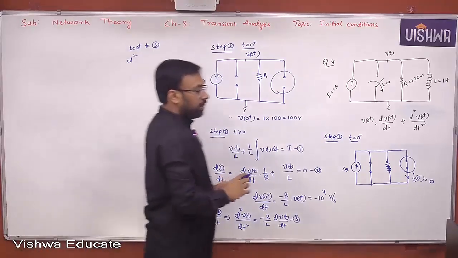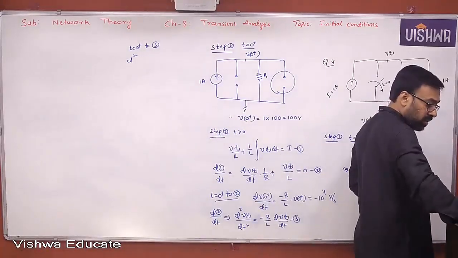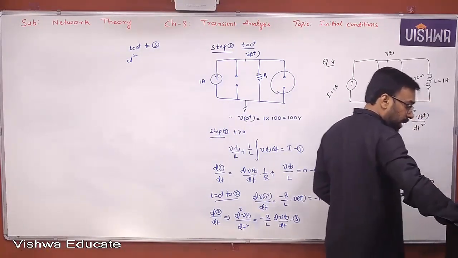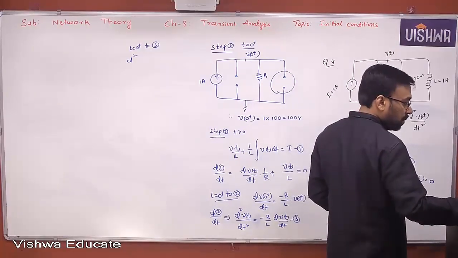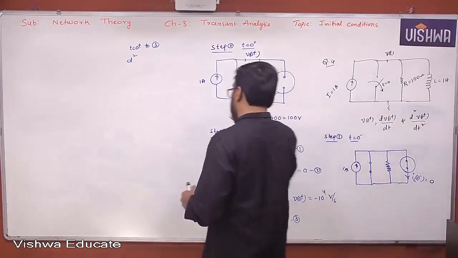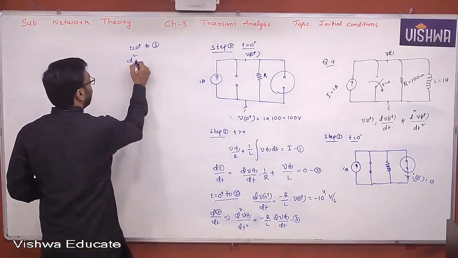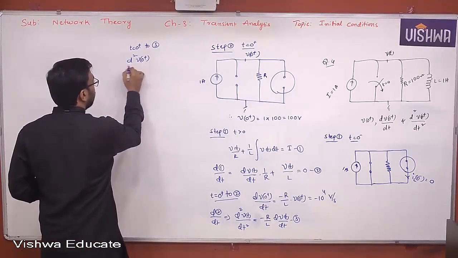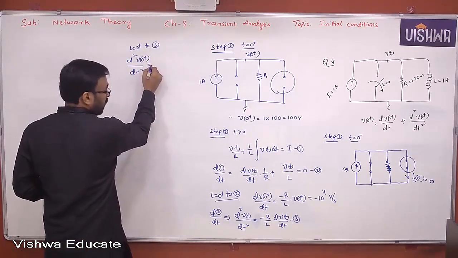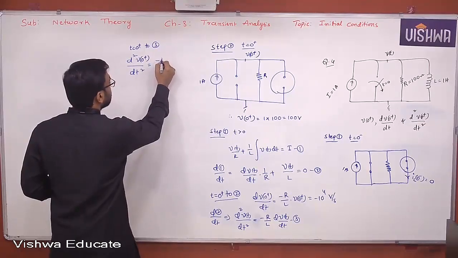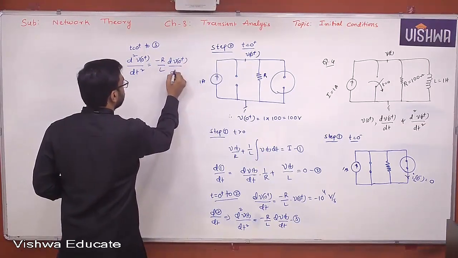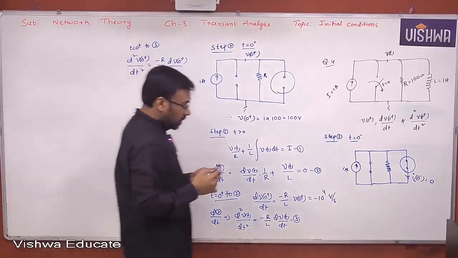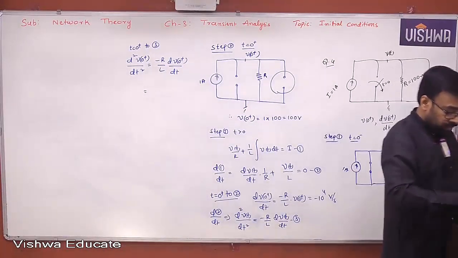d square V of 0 plus by dt square is equal to minus R by L dV of 0 plus by dt. Now let us substitute, all of you substitute that value.